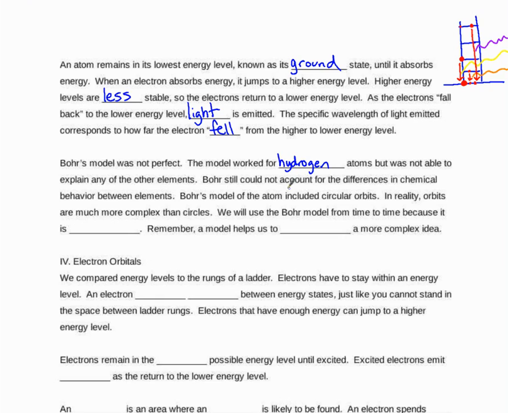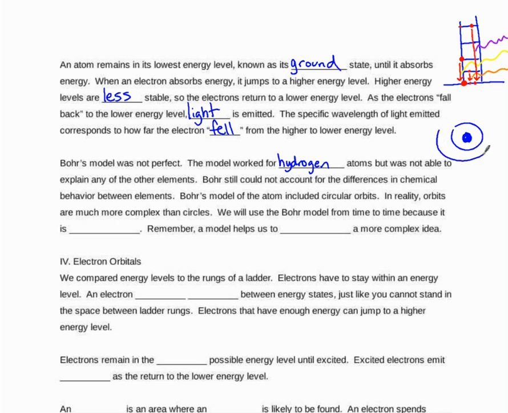Bohr also couldn't account for the differences in the chemical behavior between the elements. Why does one act differently than another? Another thing about Bohr's atom is that it had circular orbits. If you think back to the previous unit, let's say here's the nucleus with its protons and neutrons.